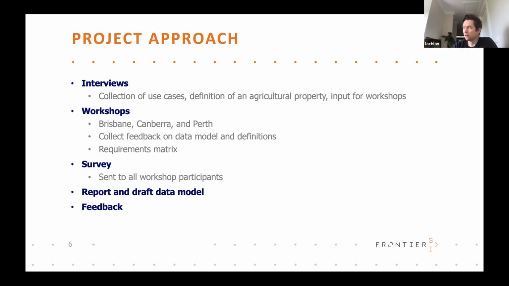And I think one of the more worthwhile exercises that we took out of those workshops was getting each one of the stakeholders to run through a requirements matrix. So we basically said, for each stakeholder, how critical do you see each one of these aspects of the data model? Do you need a spatial representation? Does it need to capture this metadata or that metadata? That allowed us to quantify the importance of pieces of information that we would store within the data model itself.